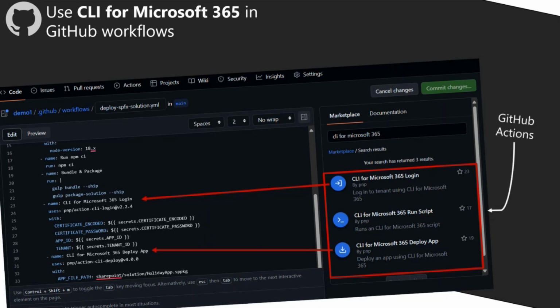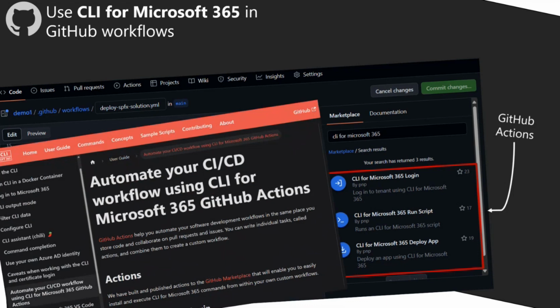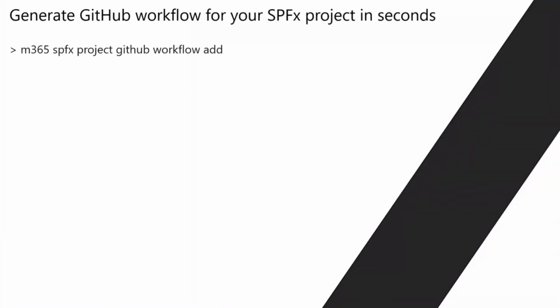And we have, of course, the docs that will guide you through this process, but this is not the only DevOps environment we support in CLI for Microsoft 365. We also have a command that will allow you to generate a scaffold, a basic CI/CD pipeline or workflow, in GitHub reality, that will deploy your app. And this is the spfx project github workflow add command.